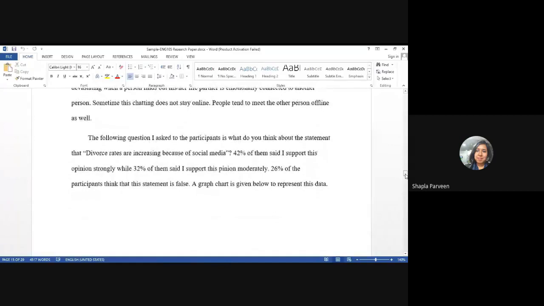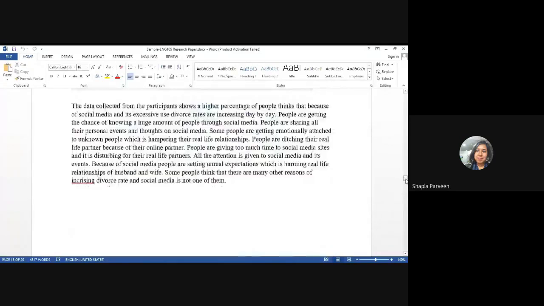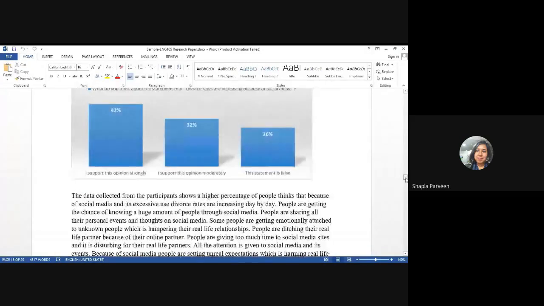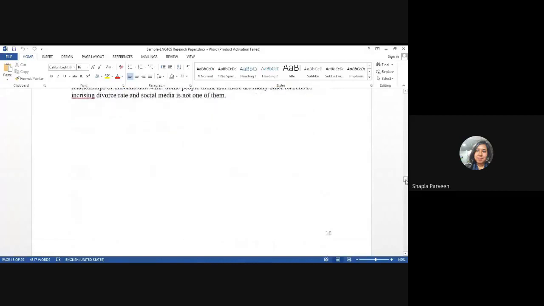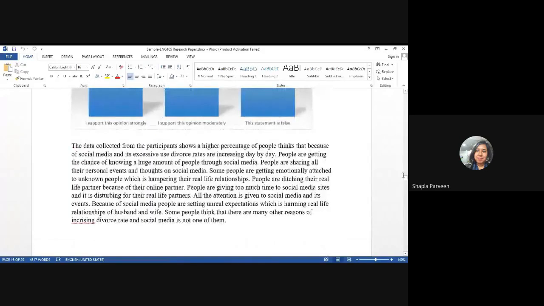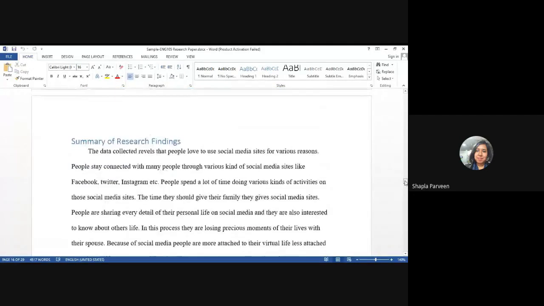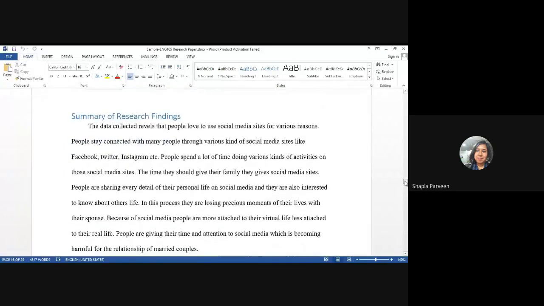It should be new. Okay, so in this part, this is not a Turnitin report, so it's not showing the similarity index here. Okay, so in the summary section, you summarize your findings, and you also need to mention your hypothesis.